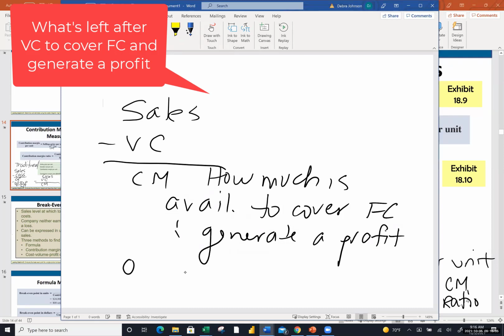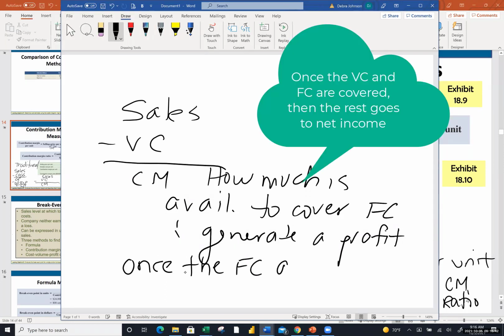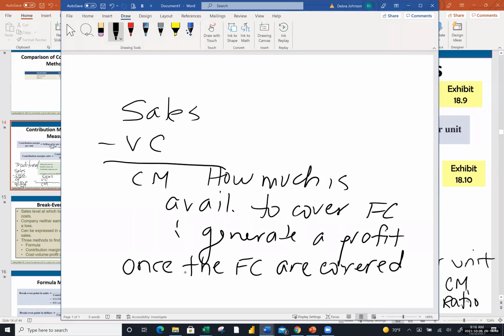Here's the thing that I don't think the book quite captures the importance of. Once the fixed costs are covered, in other words, once you have sold enough to cover the variable and fixed costs, every single additional dollar goes right to profit. So once you hit your fixed costs, once you've covered all those, then every additional dollar goes down to the bottom line.